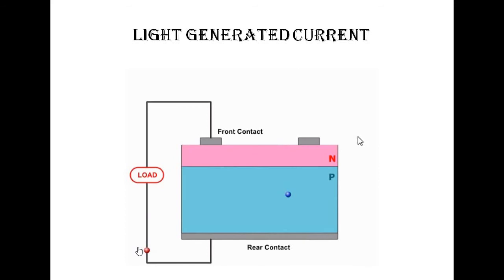If the emitter and base of the solar cell are connected together, that is short circuited, the light generated carriers flow through the external circuit. The ideal flow at a short circuit is shown in the animation.